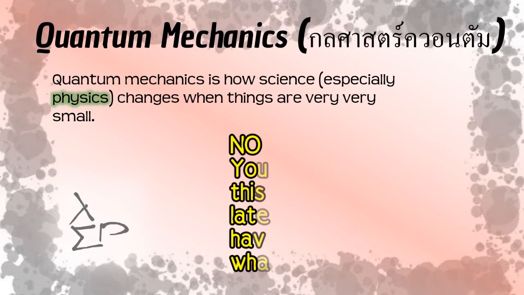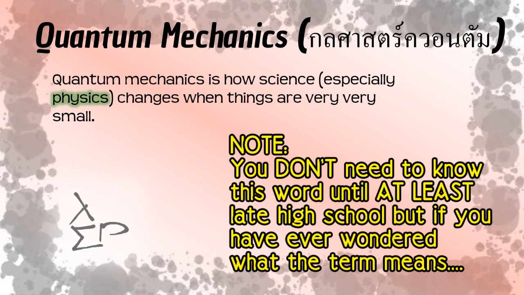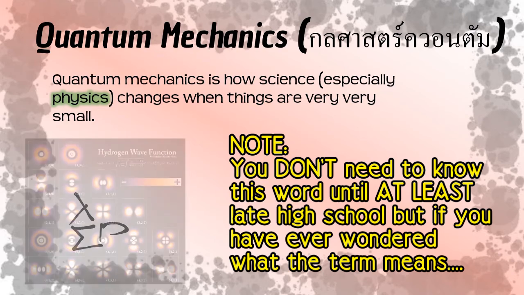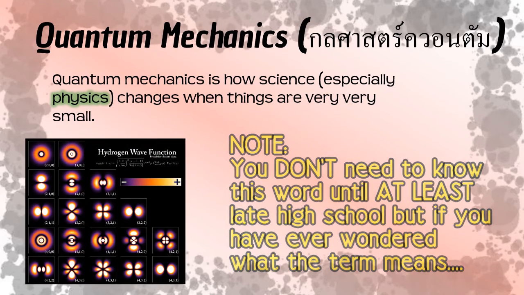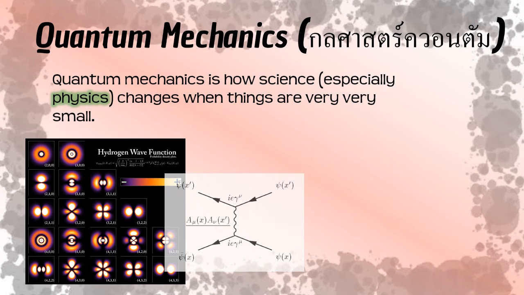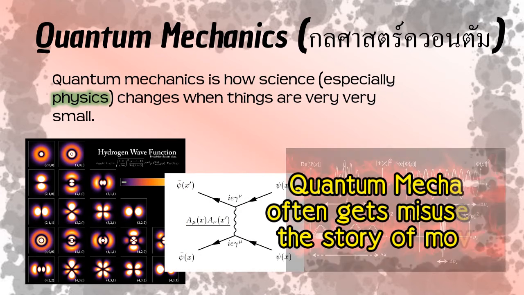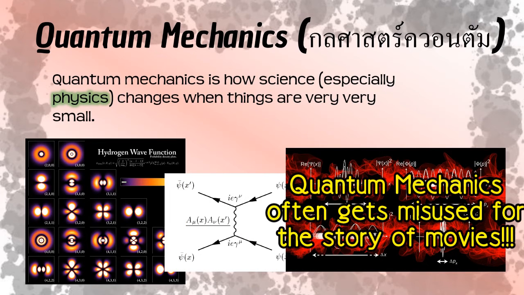Quantum mechanics. Okay, really, you don't need to know this word until maybe 4th year of high school, but I'm going to throw it in here because if movies are going to talk about it, I'm going to talk about it.